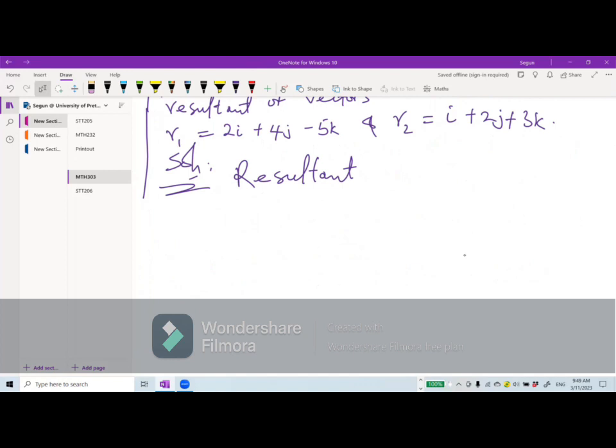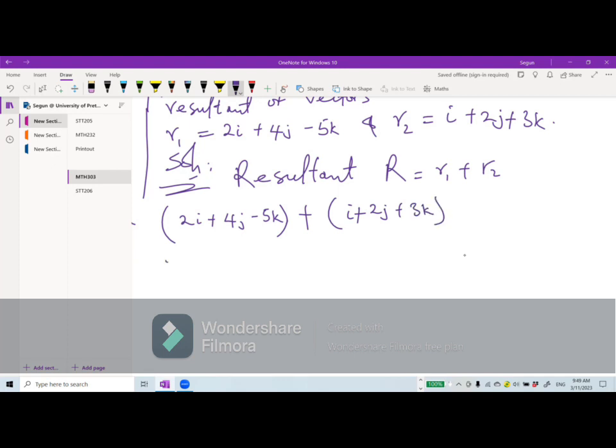Our resultant R equals R1 plus R2. So we know the R1. Our R1 is 2i plus 4j minus 5k plus i plus 2j plus 3k.